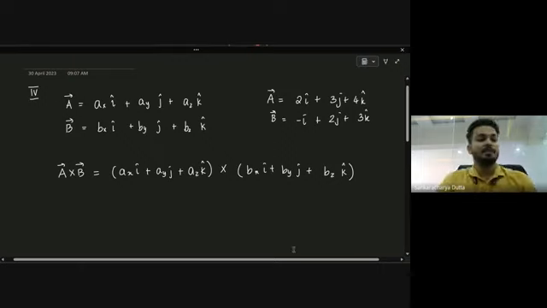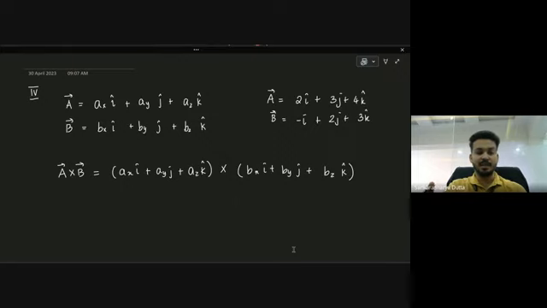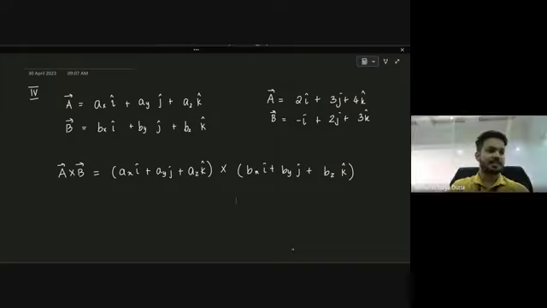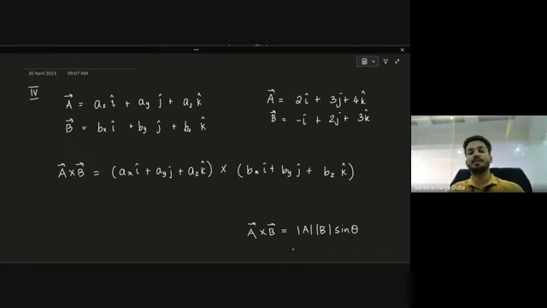But there are 3 terms which are going to be 0 in cross product. Can you tell me which ones? When I is multiplied to I, when the same directions are multiplied. Yes, very nice. If you remember the definition, A cross B is essentially magnitude of A, magnitude of B, and sine of theta, where theta is the angle between the two vectors.